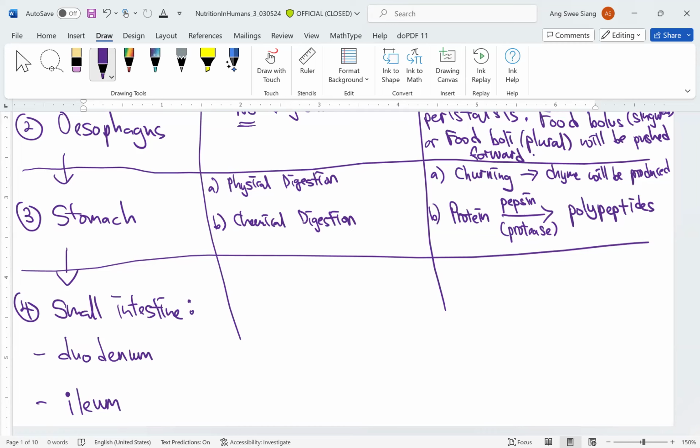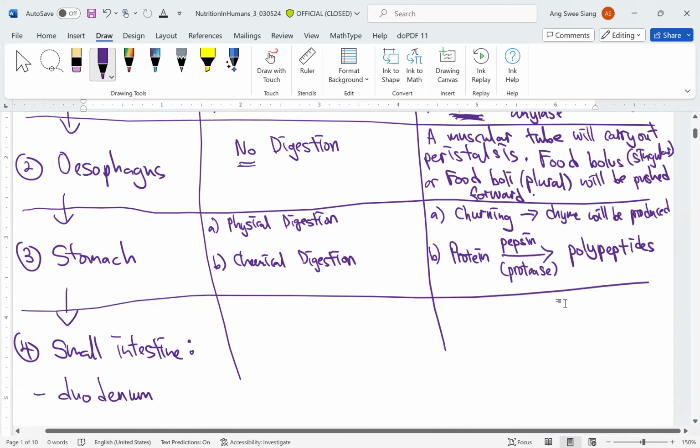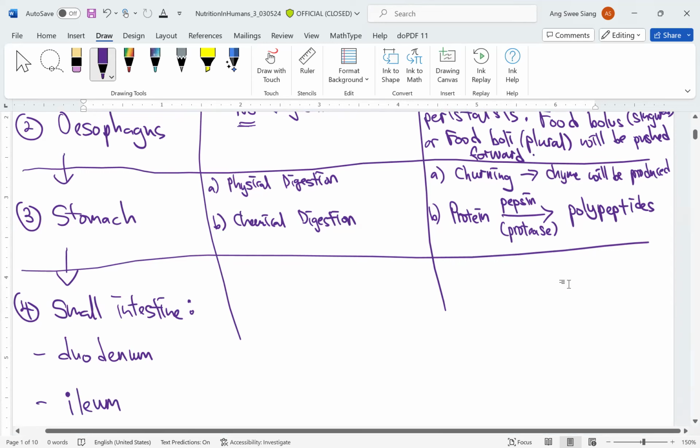Then just now I forgot to mention something. It will be good for you to remember when the digestion of starch occurs, when the digestion of protein starts. So it should be very clear to you, digestion of starch begins in the mouth, whereas for protein, the digestion of proteins begins in the stomach. This will be an important detail for you to remember.